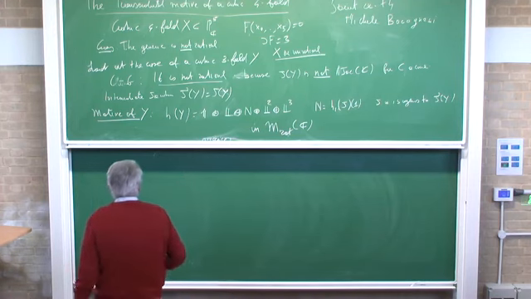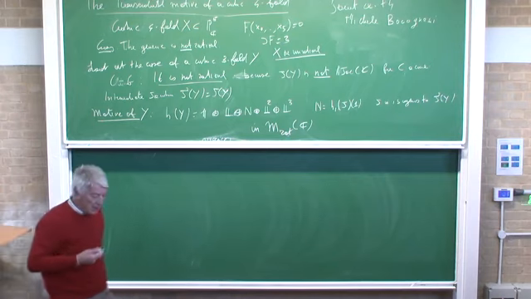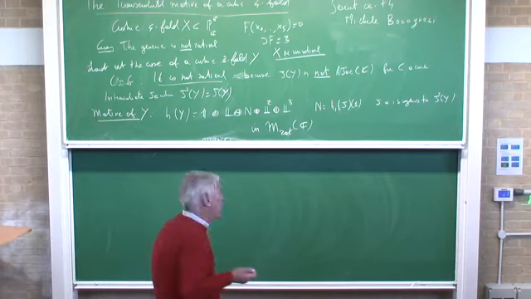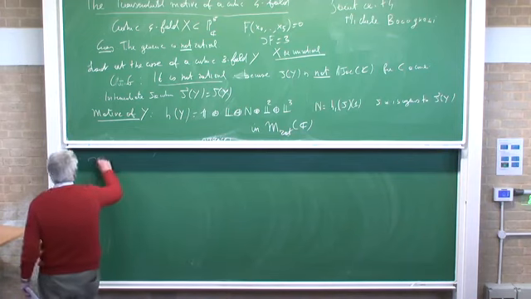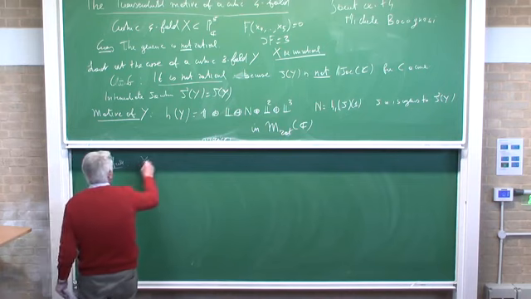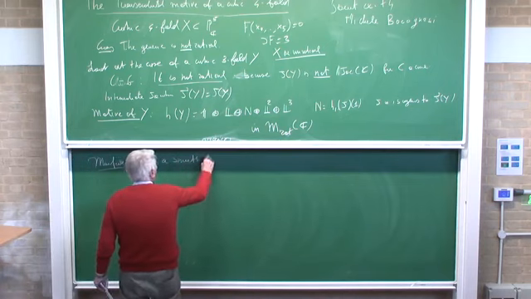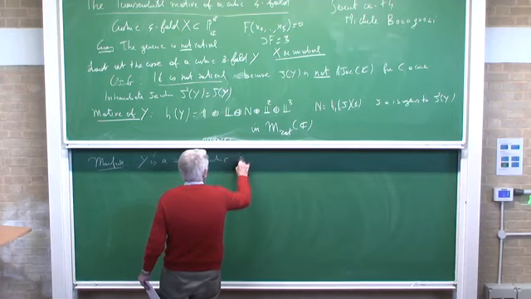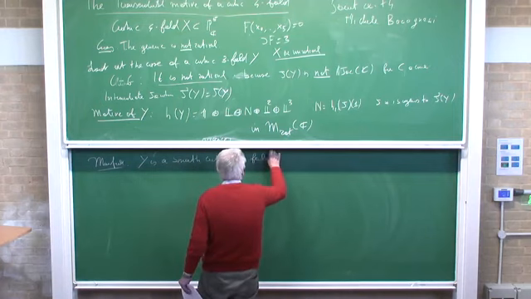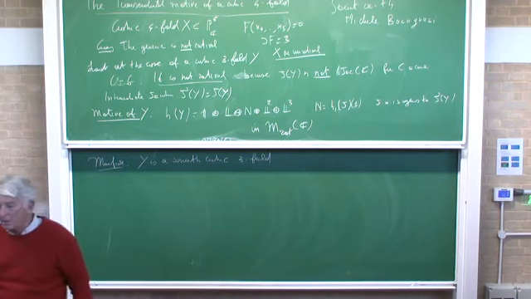Okay, now, so Clemens and Griffiths' result can be interpreted in a very nice way by a result of Mumford. Mumford proves that if Y is a smooth cubic threefold, then the intermediate Jacobian can be realized as a Prym variety of an étale cover of a curve.